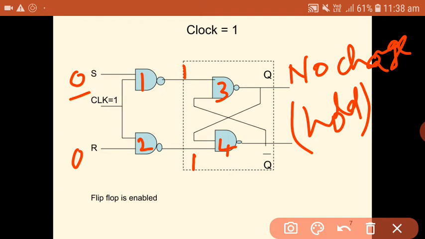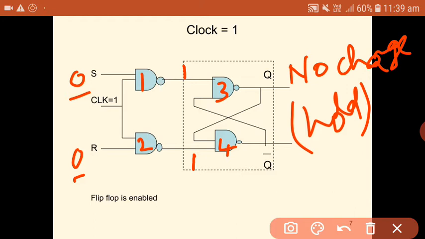So whenever S is equal to 0 and R is equal to 0 and clock is equal to 1, there is no change in the output of the flip-flop.